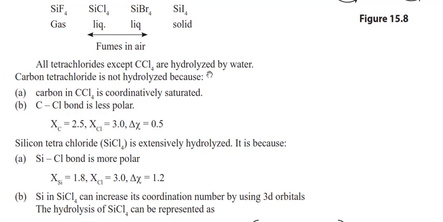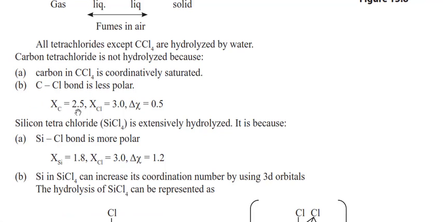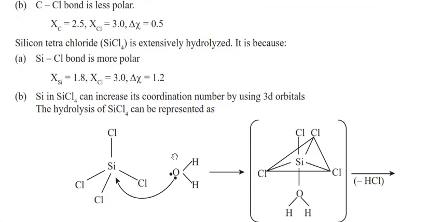All tetrachlorides except CCl4 are hydrolyzed by water. Carbon tetrachloride is not hydrolyzed because it is coordinatively saturated and the C-Cl bond is less polar, with an electronegativity difference of about 0.5. Similarly, silicon tetrachloride is extensively hydrolyzed because the bond is a little more polar, with an electronegativity difference of 1.2.